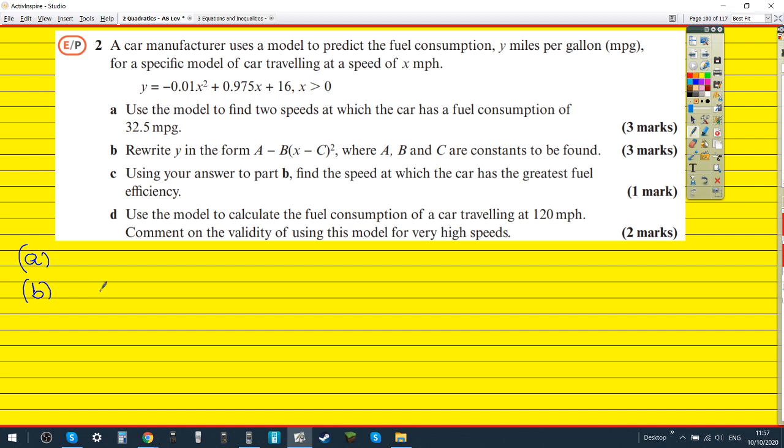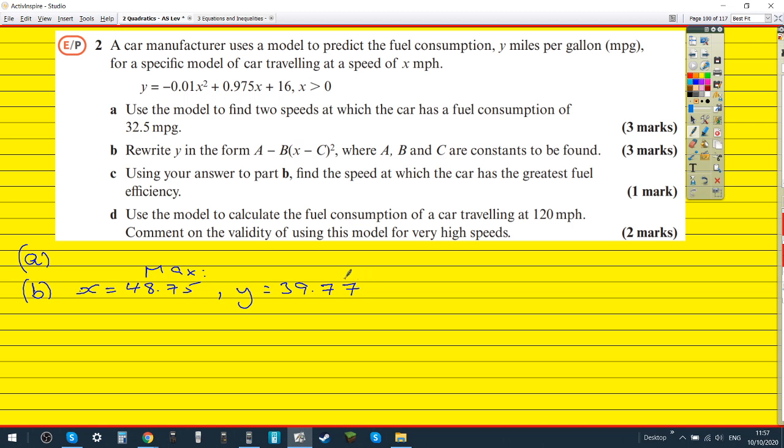So maximum of x is 48.75, and the maximum of y is 39.77 to 2 decimal places. Okay.